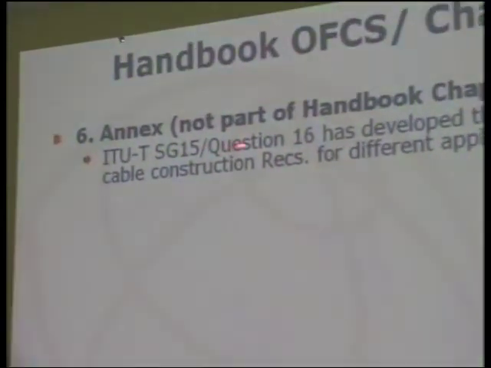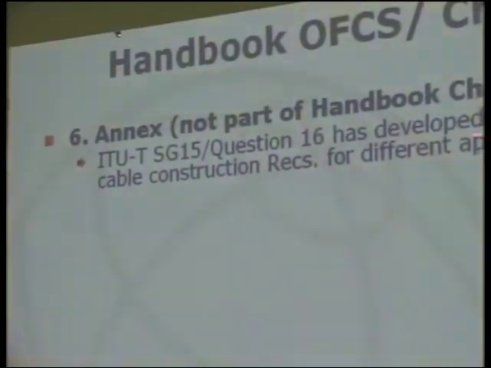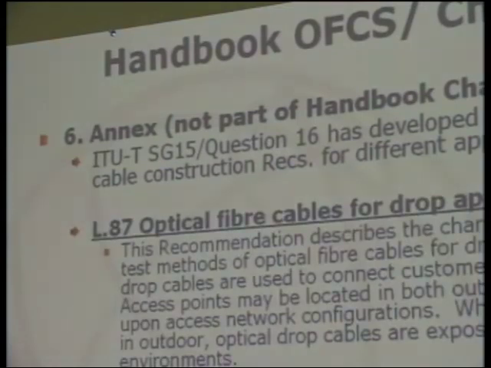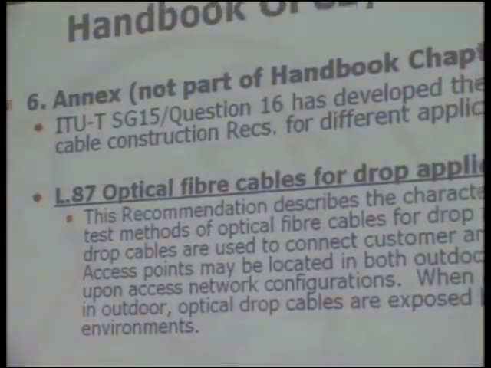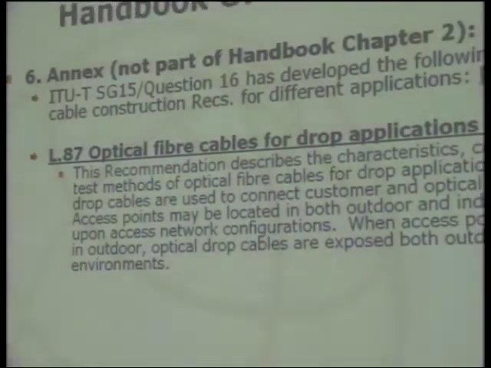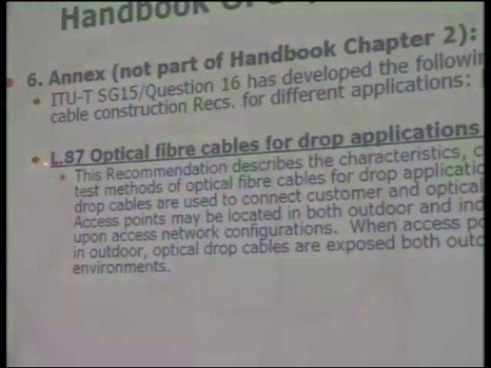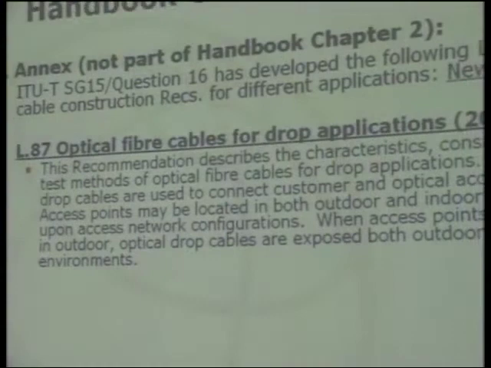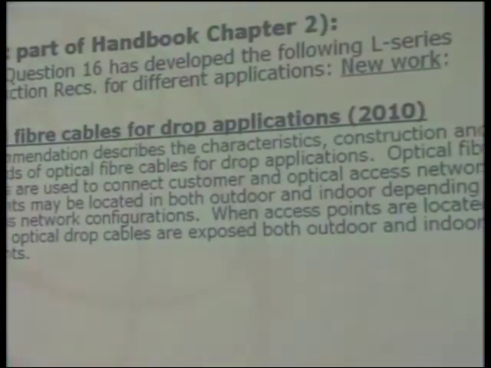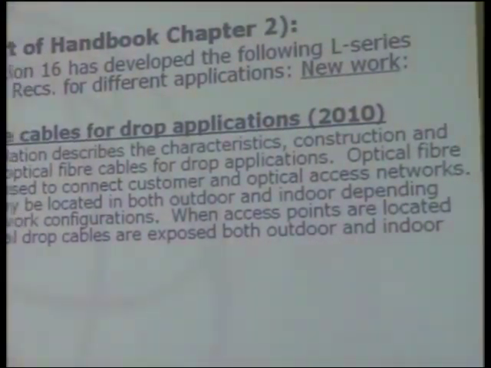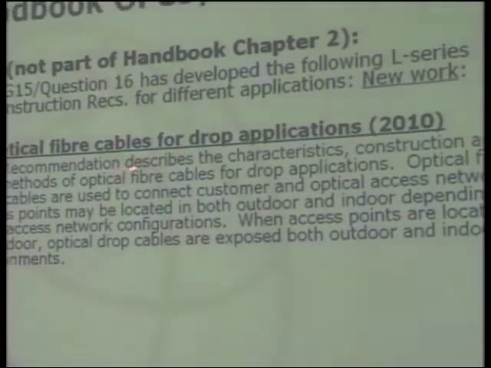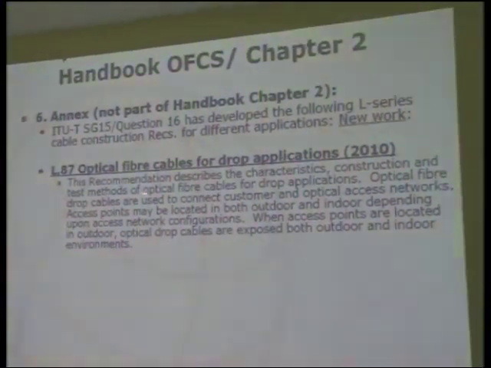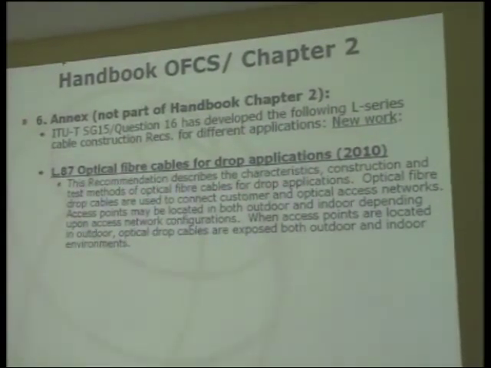Then question 16 has also developed the following L-series recommendations for different applications. This is real new work as you see, it's from this year. Recommendation L87 is optical fiber cables for drop applications, again supporting fiber to the home development. This recommendation describes the characteristics, the construction and test methods for optical fiber cables for drop applications.